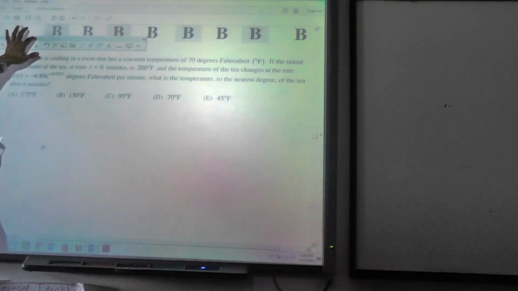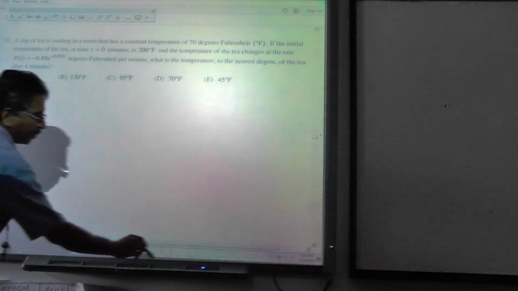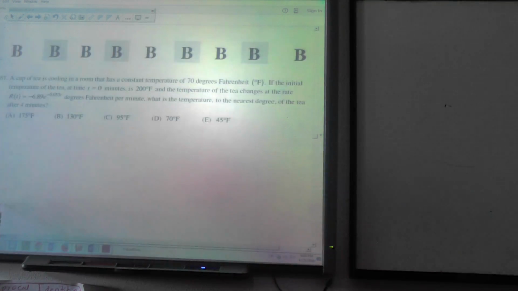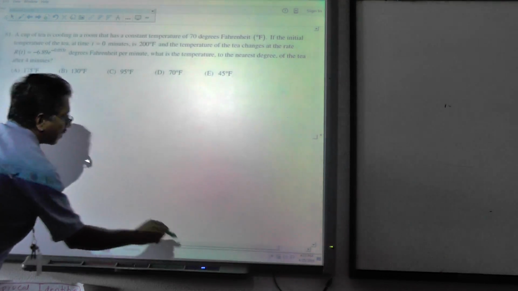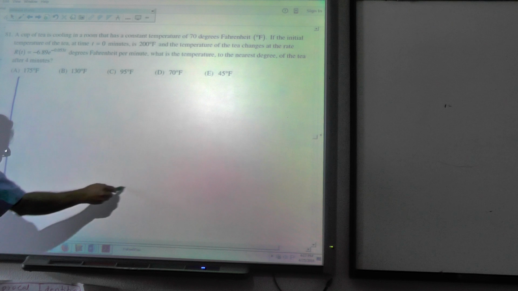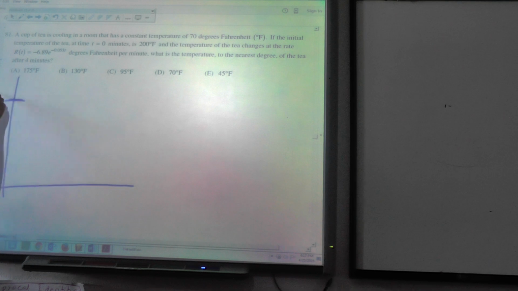This is a temperature problem. Let's see. I'll just do this quickly. Please read the question first. There is an x-axis, y-axis. Let's say this is 200. The cup of tea or coffee, whatever it is, in the beginning the temperature is 200.